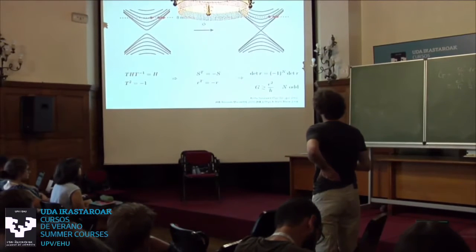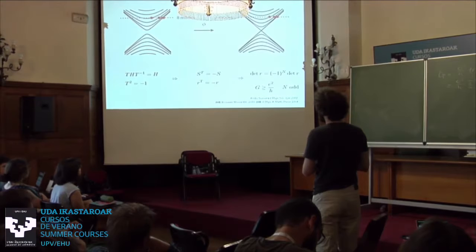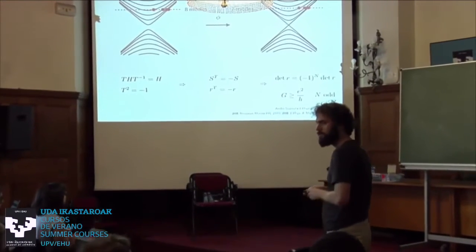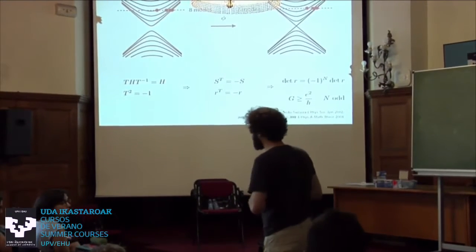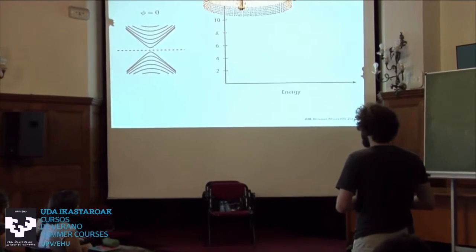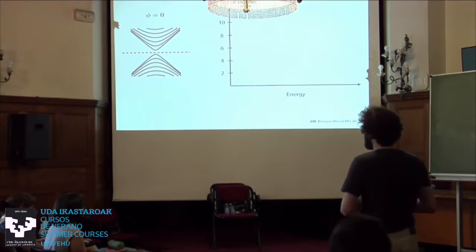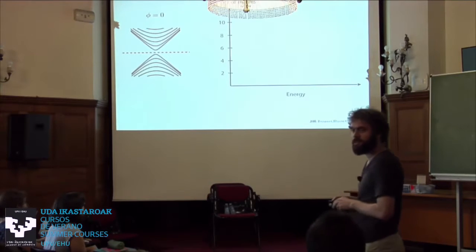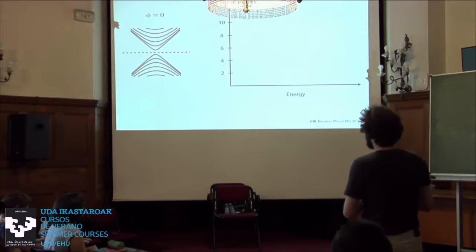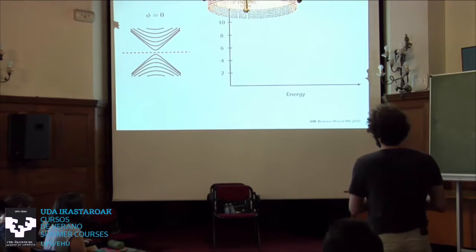So what does that mean? Well, let's say I wanted to now see what are the different transport properties of a wire if I just vary the flux, and maybe I also vary the chemical potential. So let's just do something naive, which is just to count the number of modes and hope that that's roughly what the transport is going to be. So I start now at phi equal to 0, and I'm going to vary the energy.